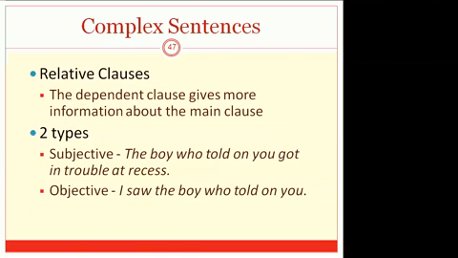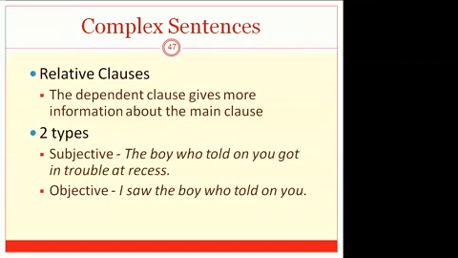Complex sentences can be formed in a different manner as well, and that's through the use of relative clauses. So complex sentences can be formed when there is the addition of a dependent clause that gives us more information about the main clause, and this would be through the use of relativization or relative clauses.